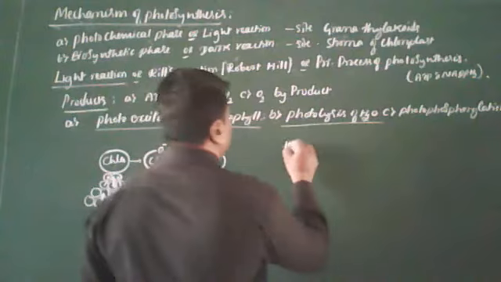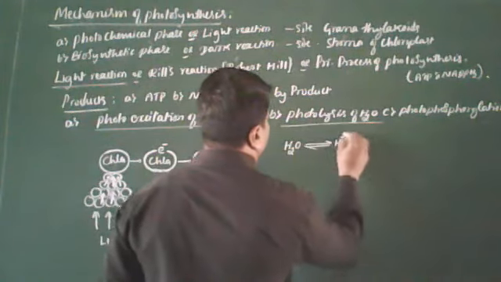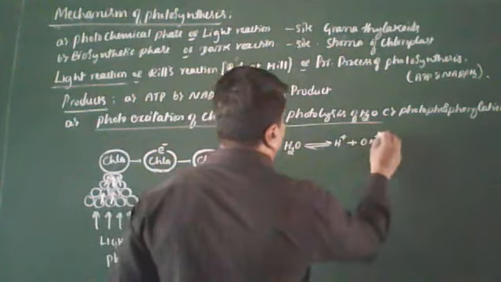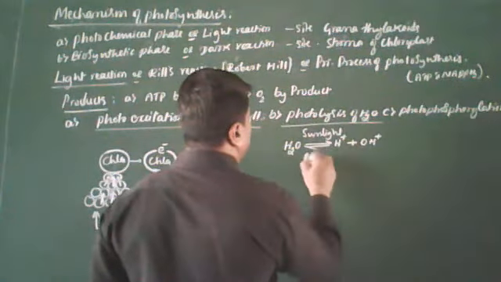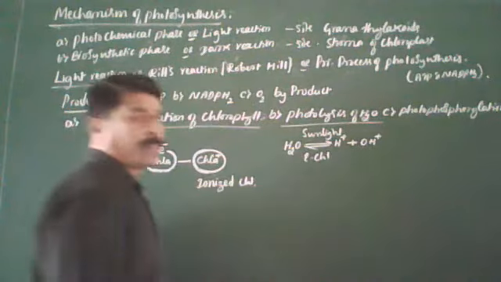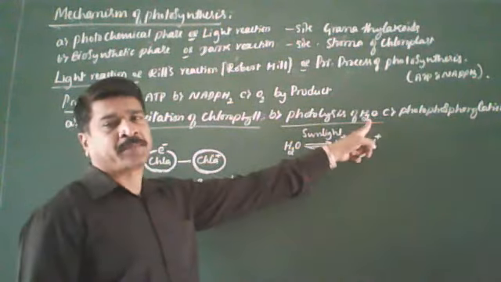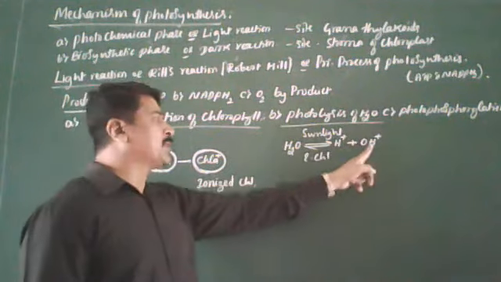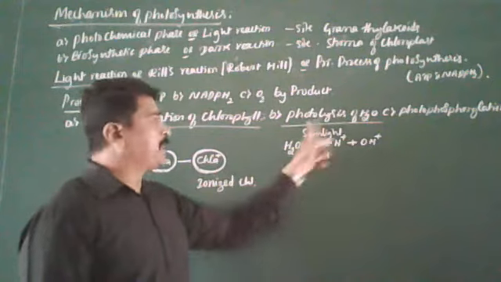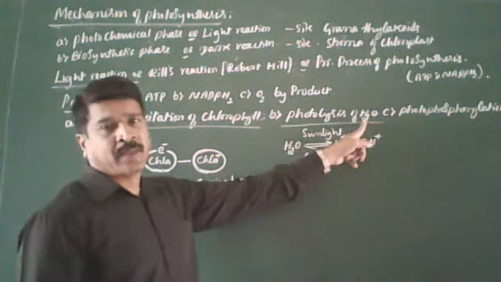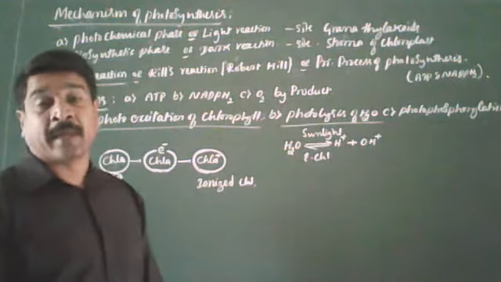The splitting of water into H plus and OH minus ions, hydrogen and hydroxyl ions, in the presence of sunlight and excited chlorophyll is called photolysis of water. The photolysis of water is associated with the PS2 only.